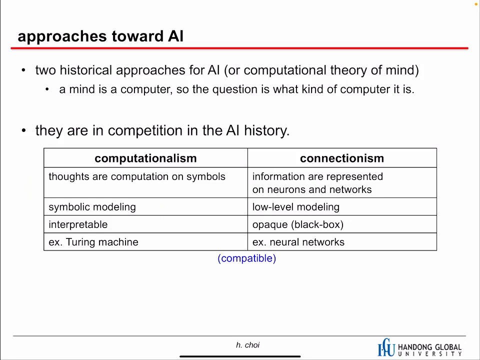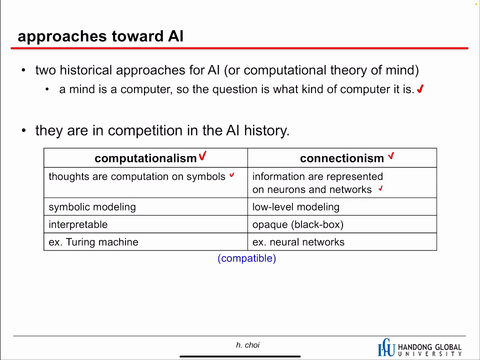Historically, there have been two different approaches to achieve AI, or the computational theory of mind. Since we understand that a mind is a computer, the question is what kind of computer it is. So historically, two different types of computer have been proposed. Okay, the first one is based on computationalism, and the second one is based on connectionism. In computationalism, thoughts are computation on symbols, and in connectionism, information is represented on neurons and networks.